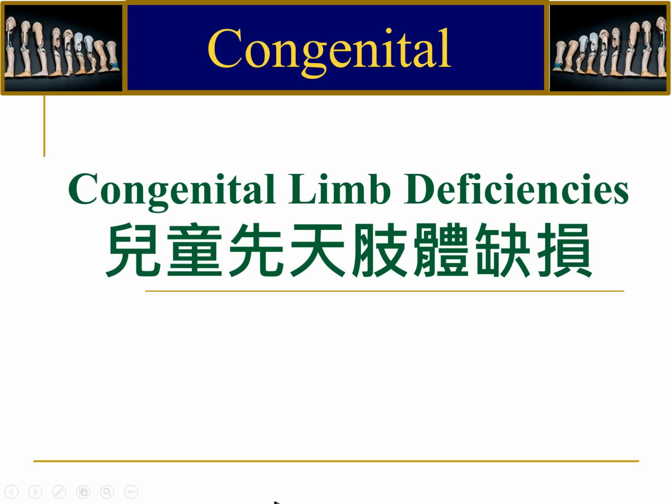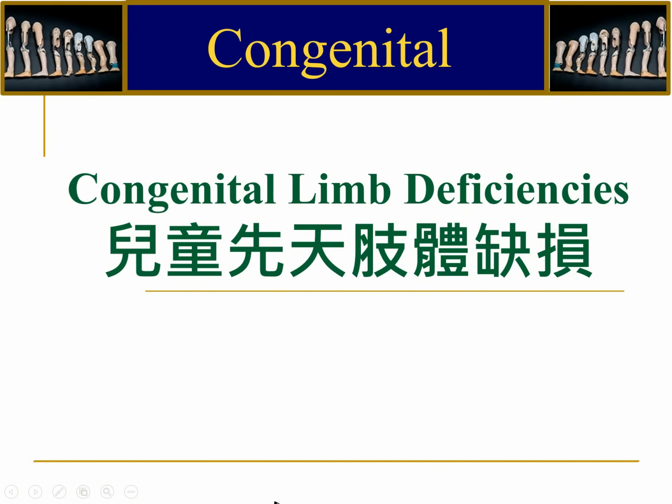Okay. Here is the most important chapter, I think, in children with special needs, which is limb deficiencies. There are many kinds of limb deficiencies in children or adolescents.